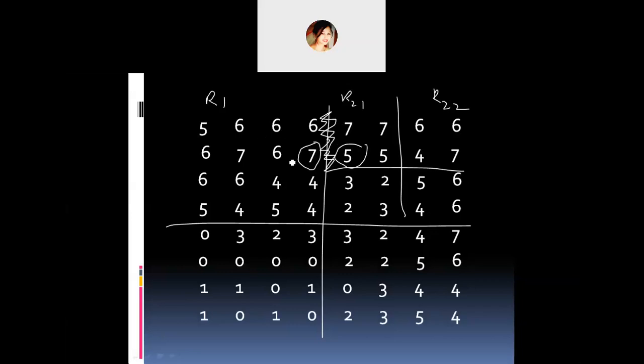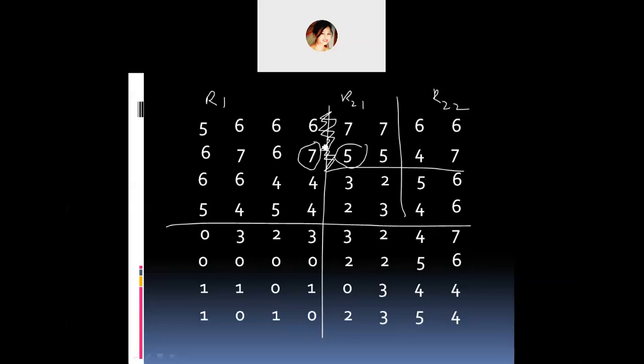Again let's check for R22. In R1 again maximum is 7 and minimum here is 4. So 7 minus 4 is 3. Yes. Okay, this region is already considered for this. That is, we have merged this R21 with this now.